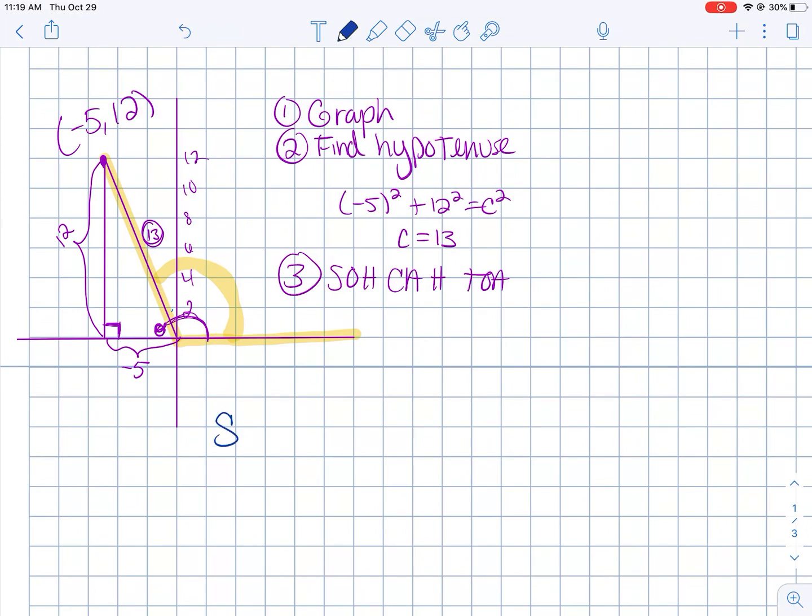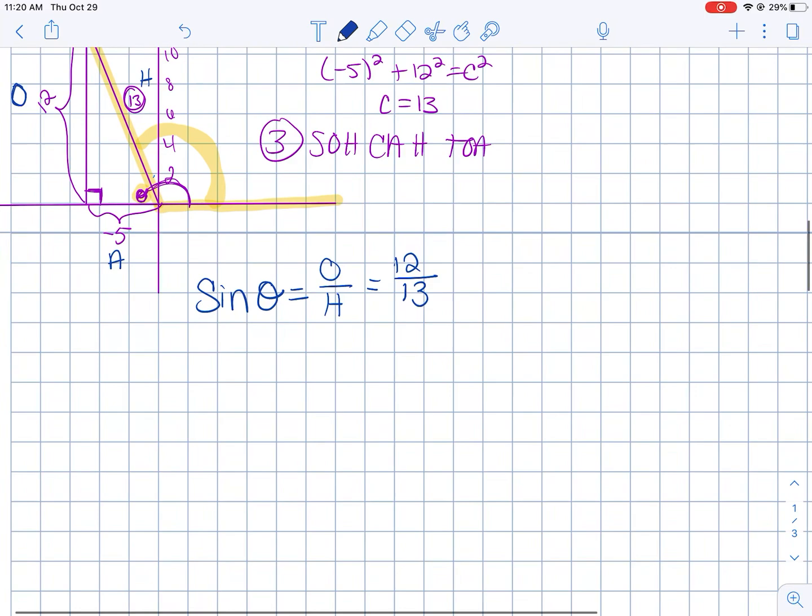So the sine of theta, we now know as the y value on the unit circle, but it's also always the opposite over the hypotenuse, all right? So from theta, from this angle down here, 12 would be considered opposite, 13 is hypotenuse, and -5 is adjacent. So the sine of theta is going to be 12 over 13, right?